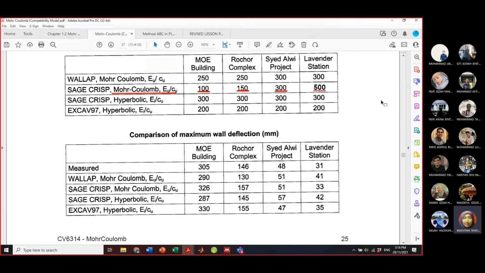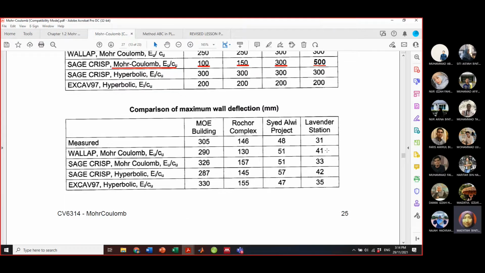Okay, back here, as you see here, the wall deflection maximum using different constitutive soil model, we look at the same one. For example, if you are having the SIG-CRISP, we can have that this is the nice estimated deflection because we are using the right constitutive soil model.